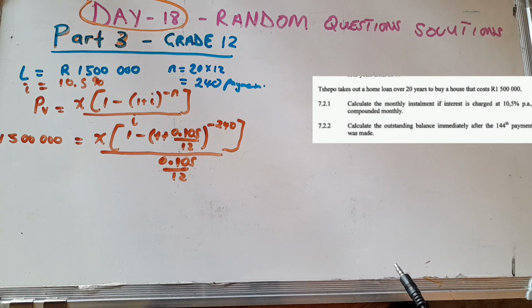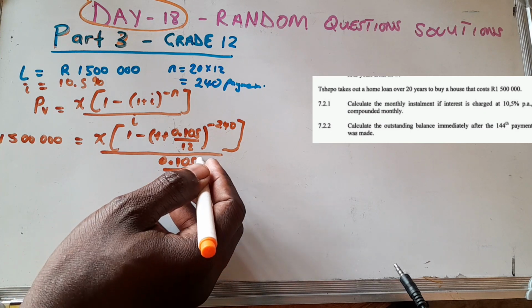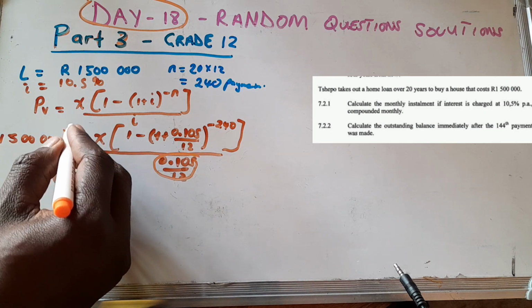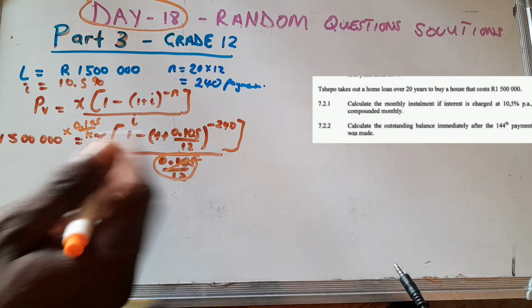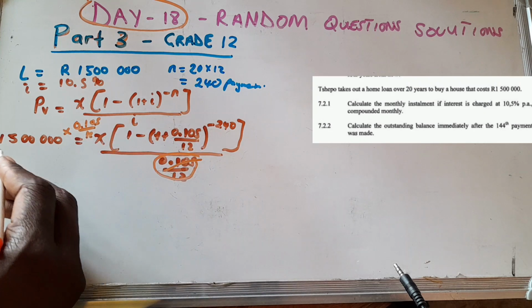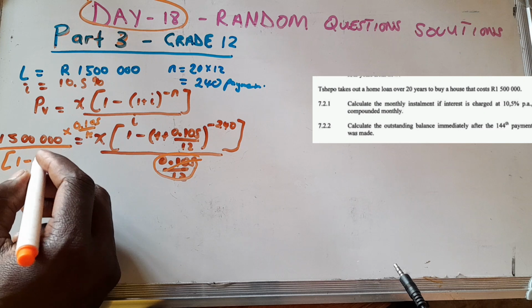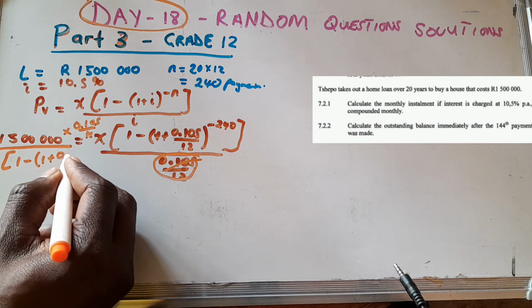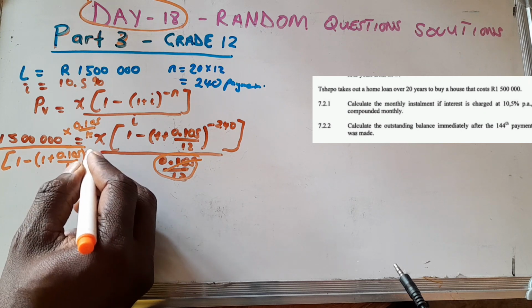So here it is just a matter of simplifying and multiplying out. I don't know if it is worth it that I show you, but if you want to solve for this, we can multiply both sides by 0.105 over 12. This side will cancel, and we're going to divide by this whole thing, which is 1 minus 1 plus 0.105 divided by 12 to the power negative 240.